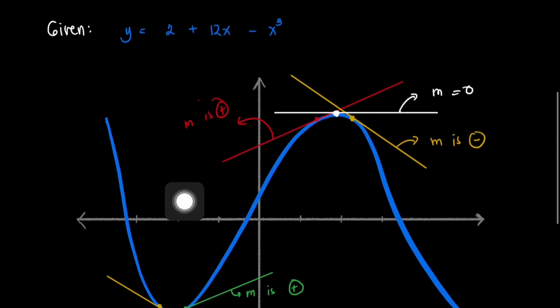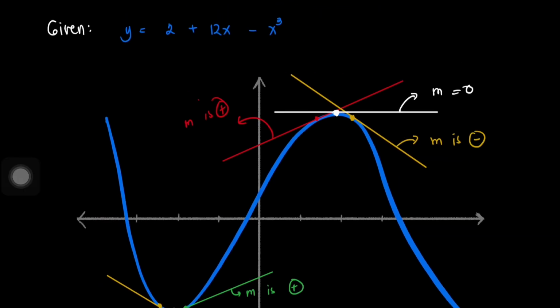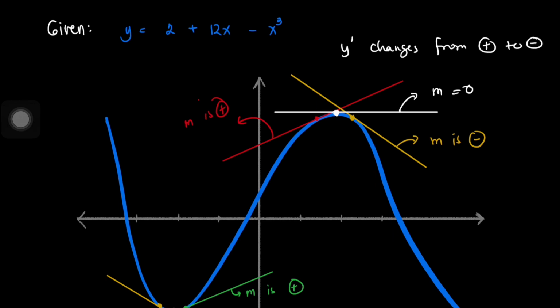And in this illustration, we can see that if there is a change in slope from positive to negative, then it is a maximum point. So using the first derivative test, if y prime changes from positive to negative, then the critical point is maximum. Right? So that is the concept of critical points.